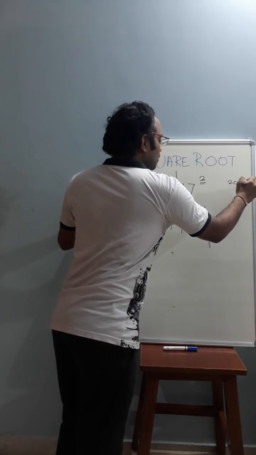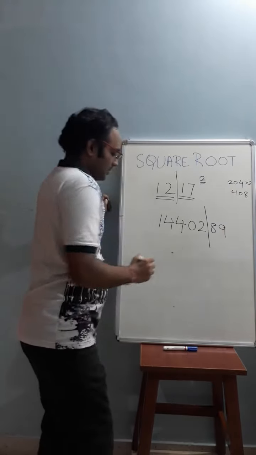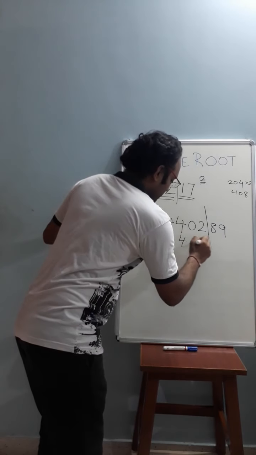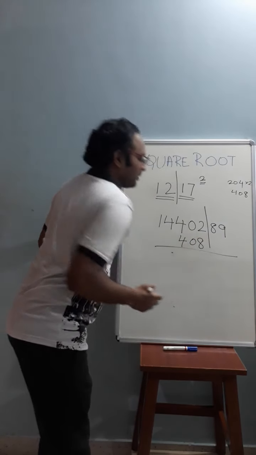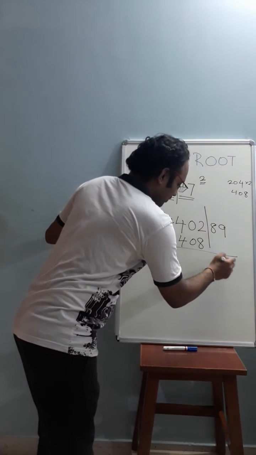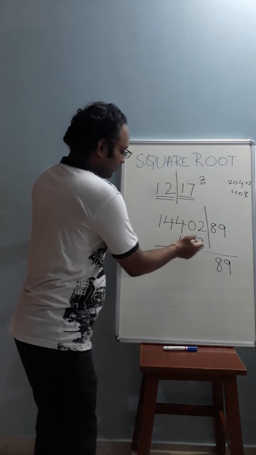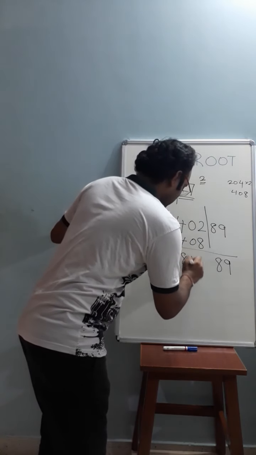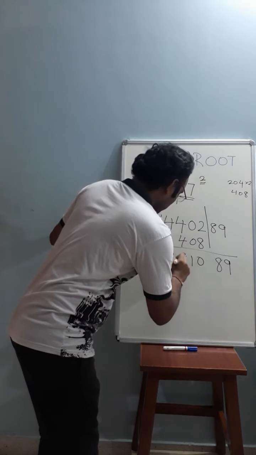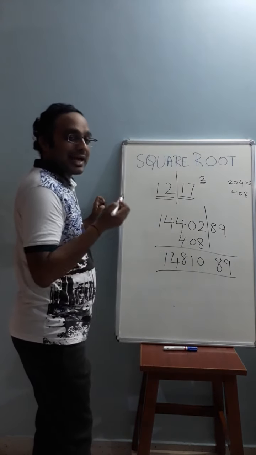Into 2 would be 408. Drop 89 as it is, so it would come here. Add this 402, 408, it would be 810. This is 14,810,89. This is our answer.